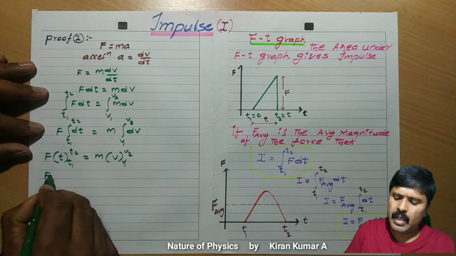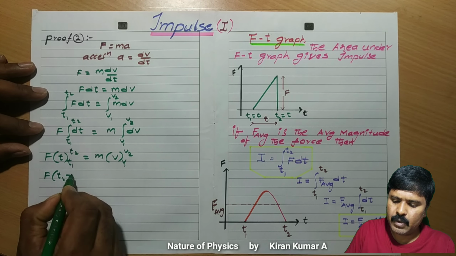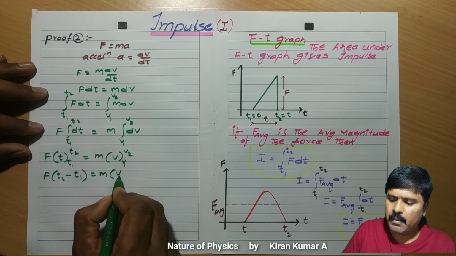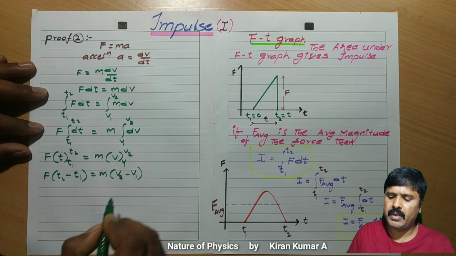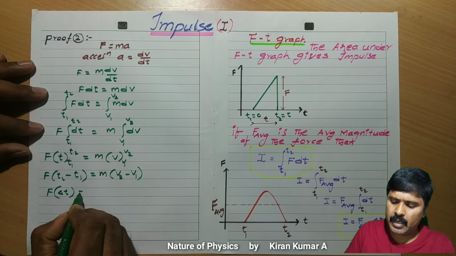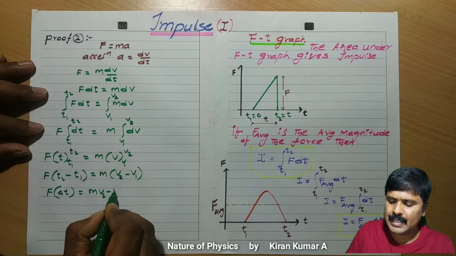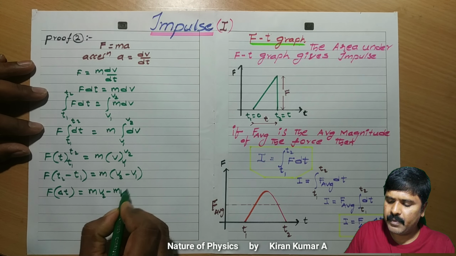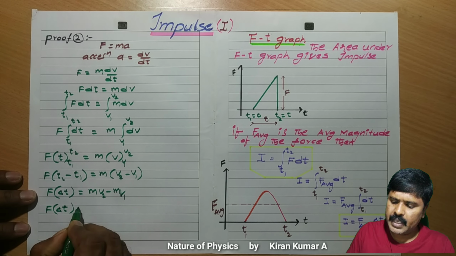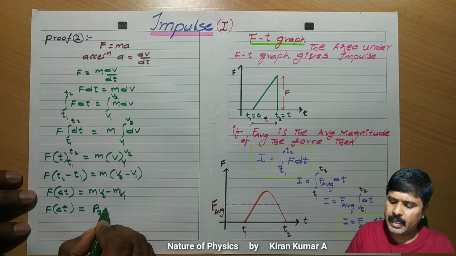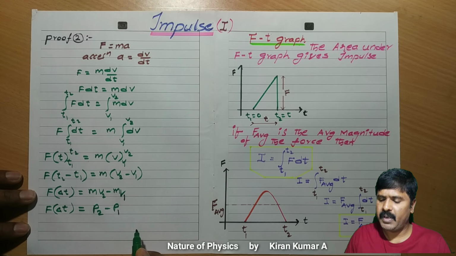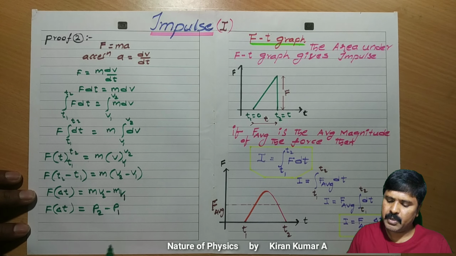So F times the upper limit t2 minus the lower limit t1, and the same here, upper limit v2 minus lower limit v1, student. So I got F into delta t is equal to mv2 minus mv1, student. So F into delta t is equal to p2 minus p1. Due to velocity v1 the momentum is p1, due to velocity v2 the momentum is p2, student.